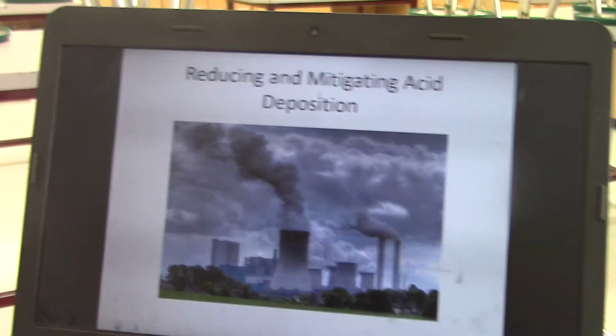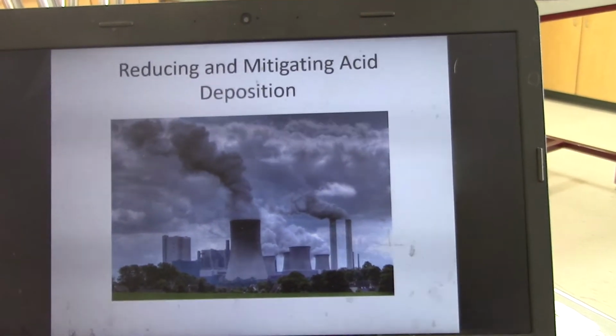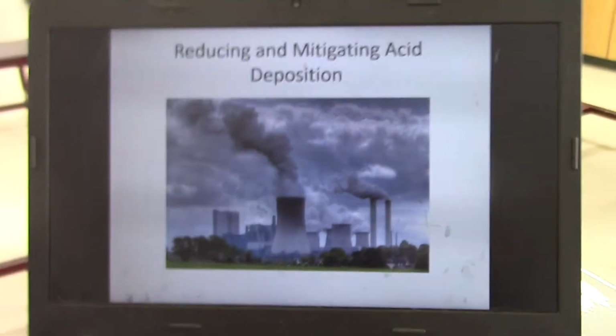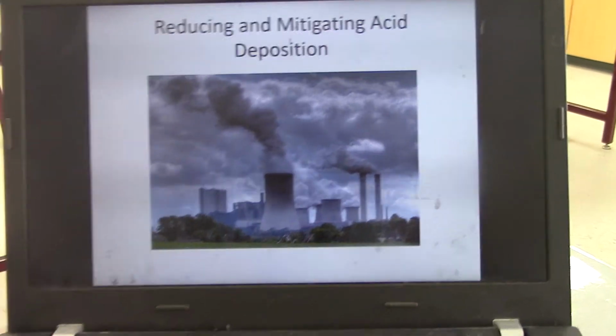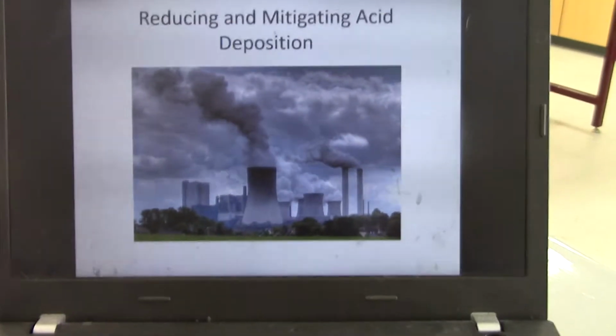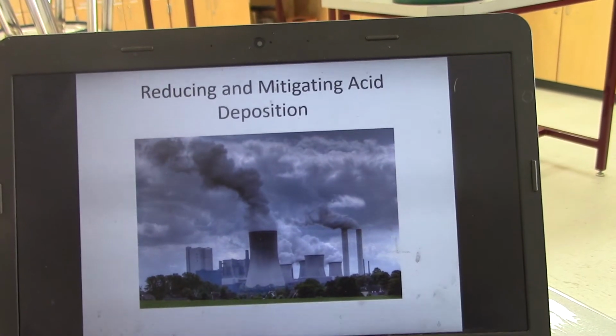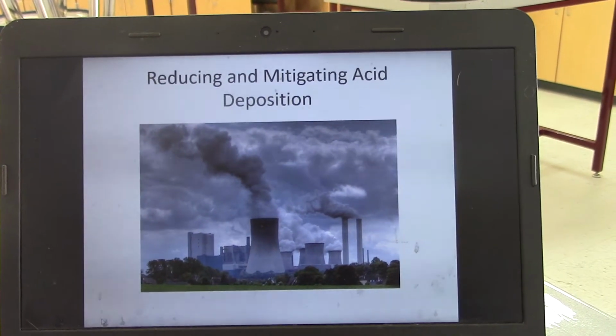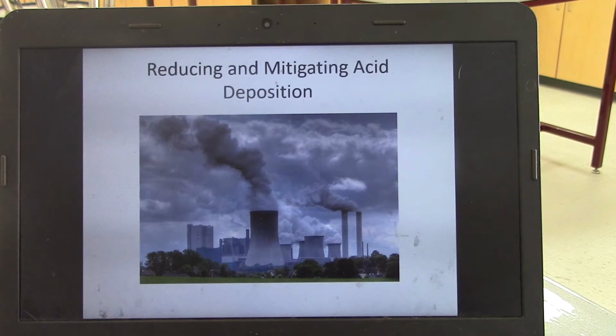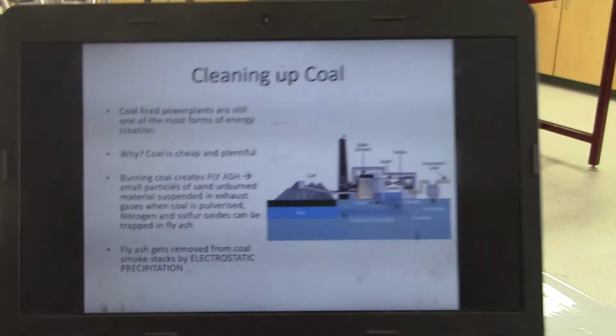Okay, so how do we reduce and mitigate acid deposition? Well, really it's about either reducing our fossil fuel emissions or cleaning our fossil fuel emissions, right? So things like removing a catalytic converter from the exhaust of your truck is not a way that you get rid of sulfur and nitrogen oxides, and those contribute to smog and acid precipitation, right?